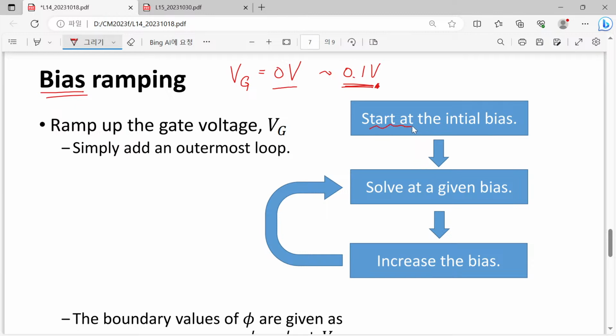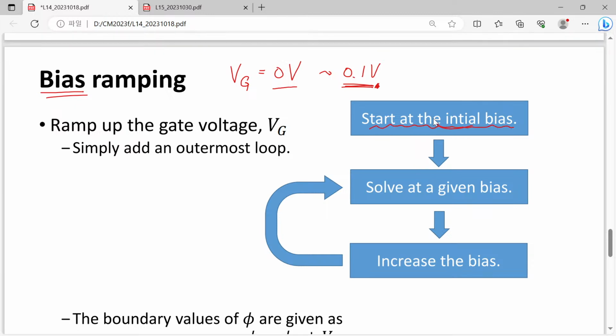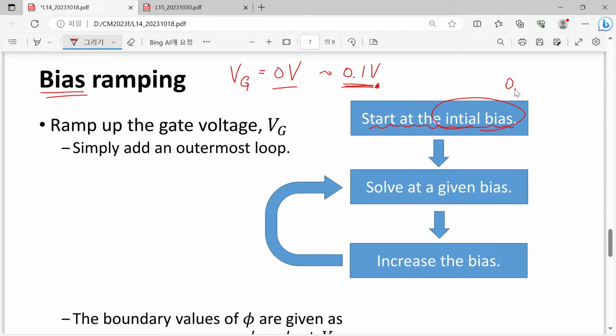Start at the initial bias. In our case, what is the initial bias? It is gate voltage equal to 0.0 volt. Then solve for the given bias. Yes, we get the solution at 0.0 bias. Then increase the bias, for example to 0.05 volt, and solve the system. Now you get the solution for 0.05.